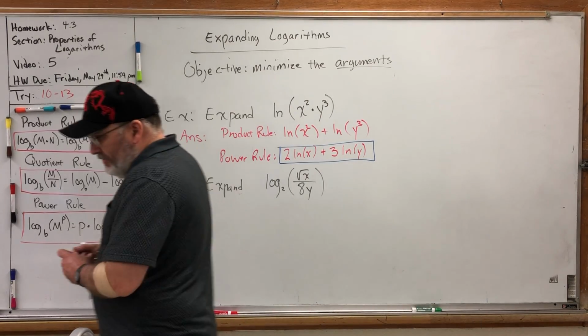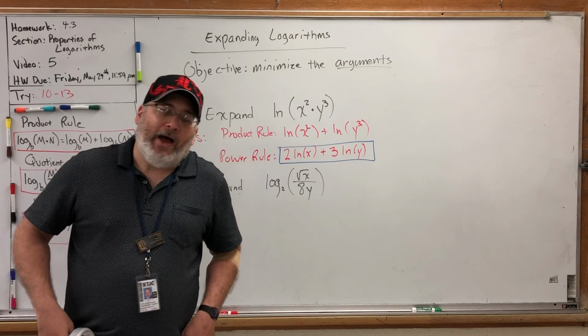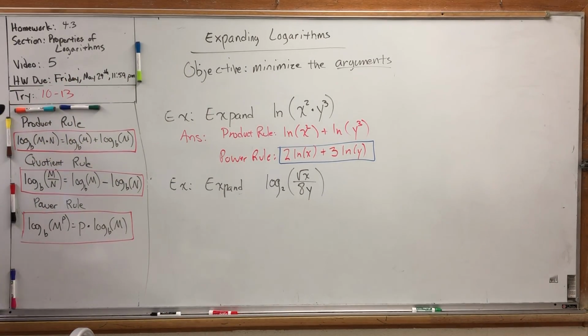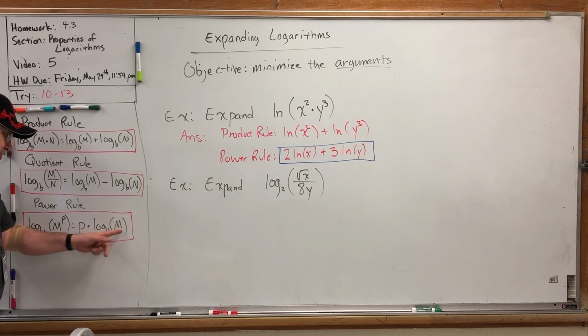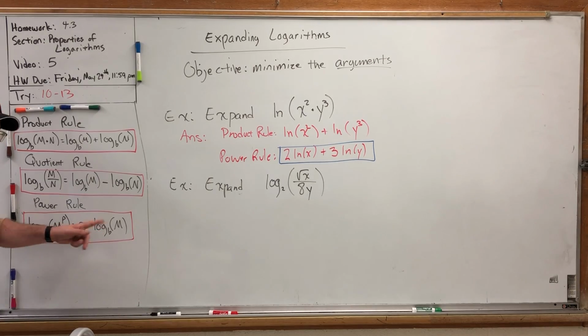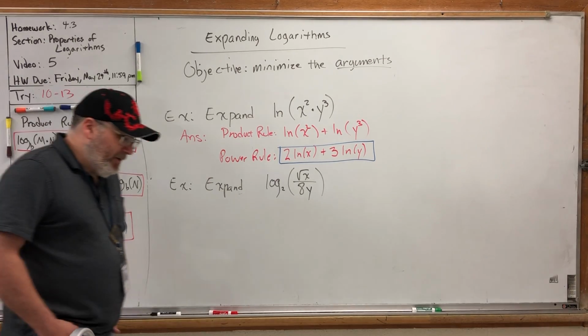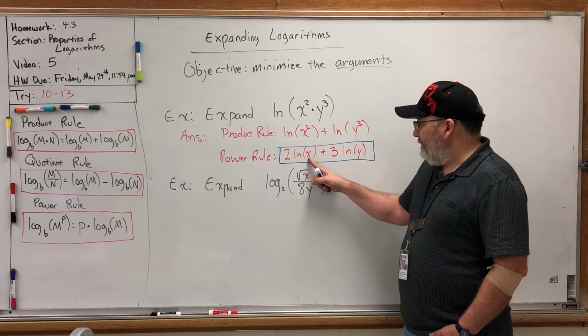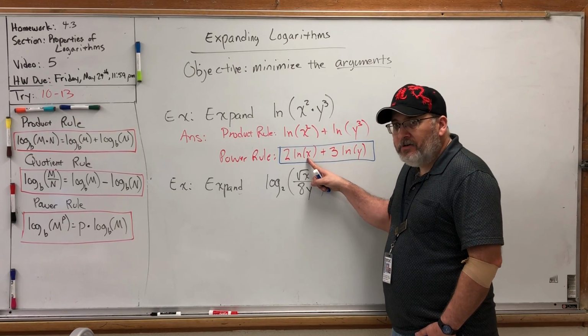This reminds me, there was one thing that I neglected to mention at the end of the power rule video, the previous video. It's the same thing I mentioned at the end of the product rule and quotient rule videos. This is true as long as all the arguments are positive. And the reason I'm mentioning that, if this x were negative, that would be bad.